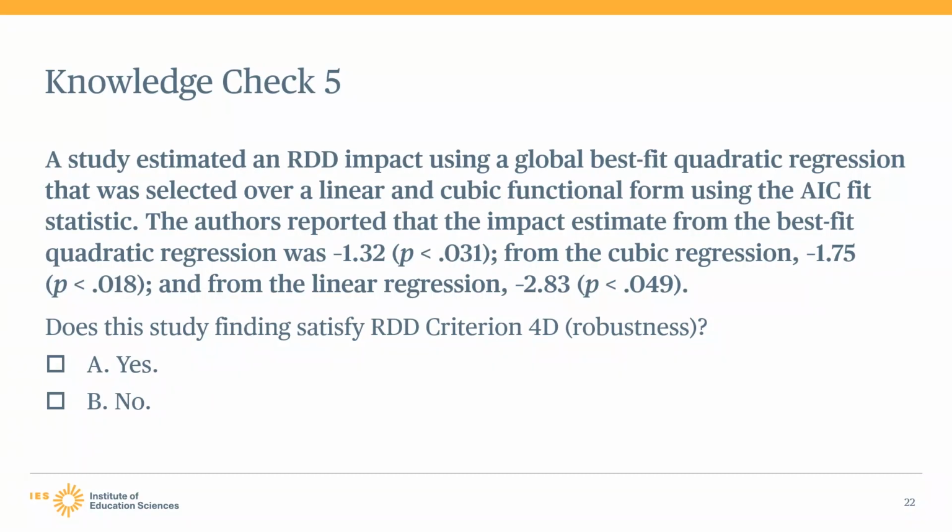The impact estimate from the cubic regression was -1.75 with a p-value less than 0.018, and the impact estimate from the linear regression was -2.83 with a p-value less than 0.049. Does this study finding satisfy RDD criterion 4D, robustness? Your choices are A, yes, or B, no. You may want to pause the video now to think about your answer.